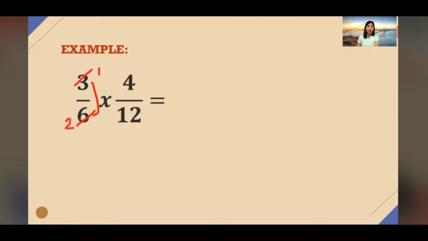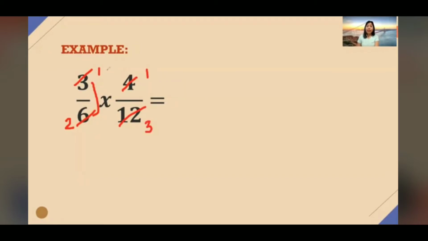That's correct. So let us now proceed to the next one. 4 and 12. Do they have common factors? Yes, they have. We can both divide by 4. So 4 divided by 4 is 1, and 12 divided by 4 is 3.